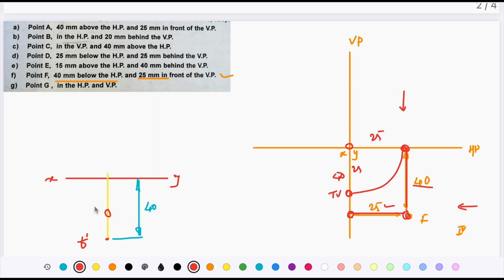So at a distance of 25 below XY, I will get the top view. So this is front view and this is top view.